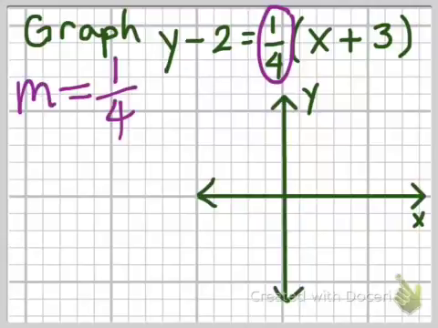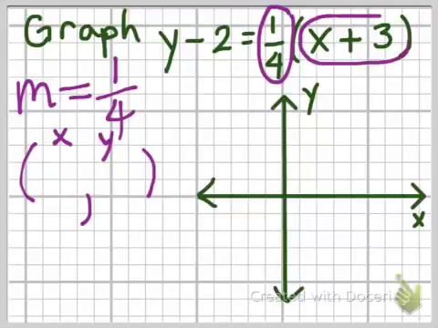Then we have to figure out from this form what our point is, and remember, the first number in a point is x, the second number is y. So let's go over here to our x territory and figure out what our x coordinate has to be. Since point-slope form is y minus y1 equals m times x minus x1, this is minus negative in order to make that plus.